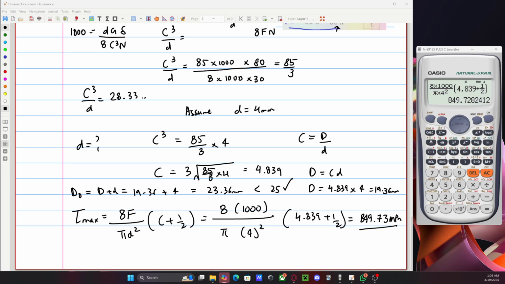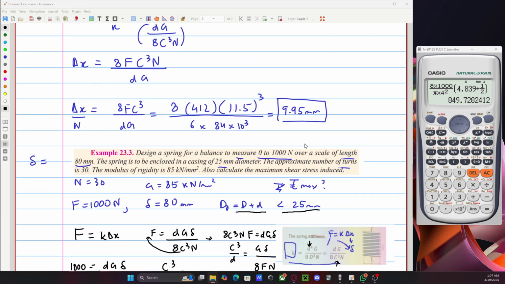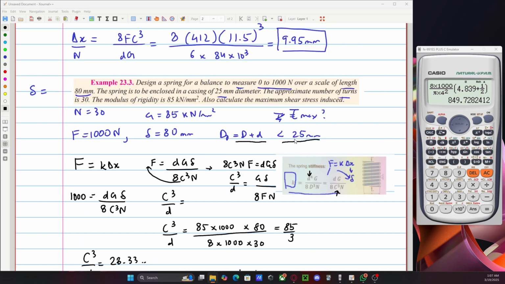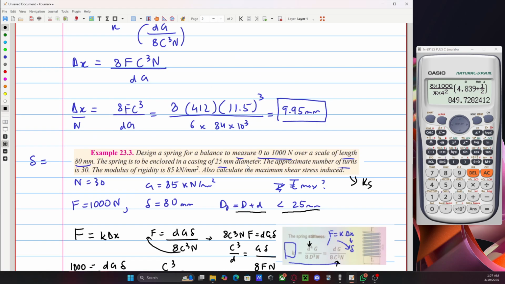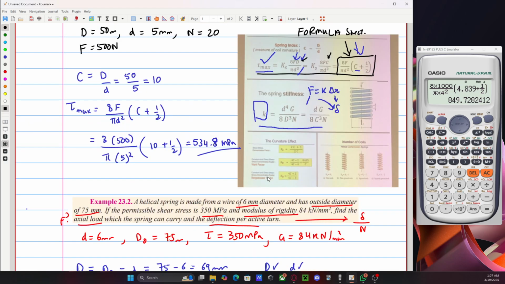Now, we're assuming that we're using Ks for our case, because it's not given. I asked the professor: if it's not given, we assume we use Ks. But if they ask about using the other factors, all we have to do is plug in these numbers.